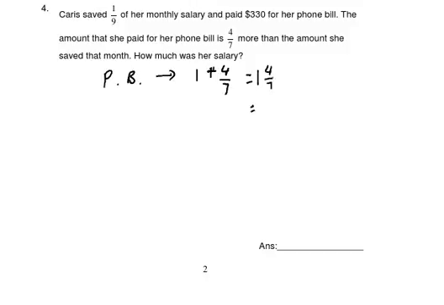In terms of improper fraction, Jing Kai, 11/7. Correct or wrong? Yes? Okay, now, let me draw a simple model to represent the amount she saved. This is the amount she saved. And because the amount she saved is, if I call it 7 units, how many units do you think that she spent on the phone bill?